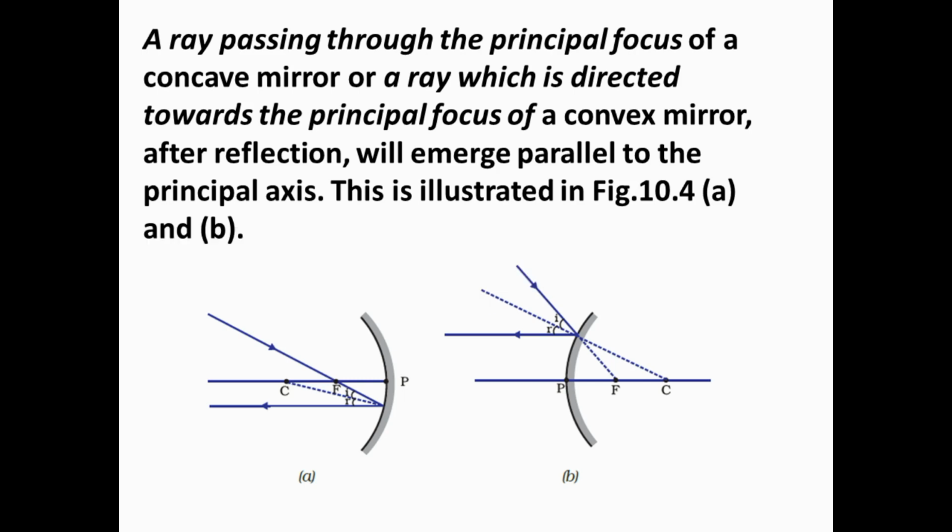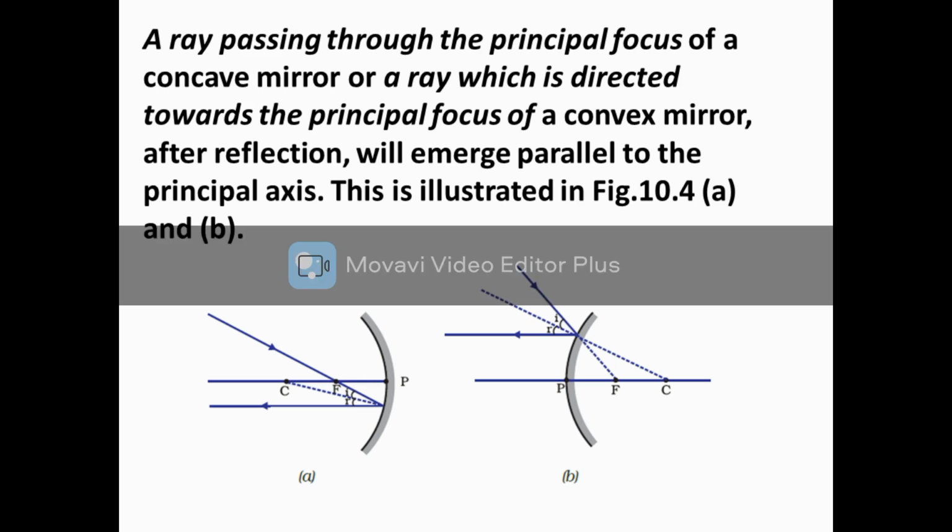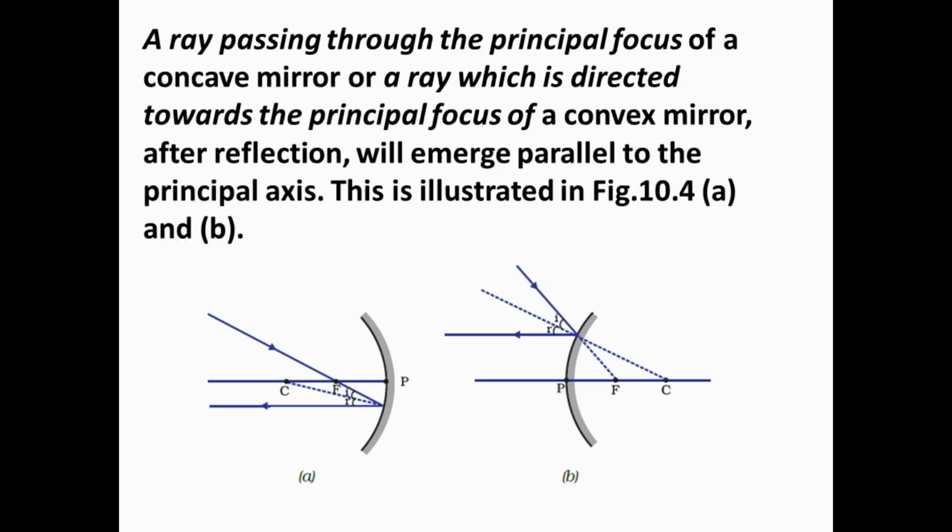So if we pass the ray through the focus, that time the ray is reflected parallel to the principal axis. Like the same in the convex mirror as well. If we pass the ray towards the focus, that time the reflection will occur the same, parallel to the axis.